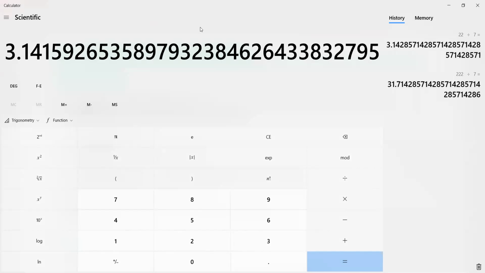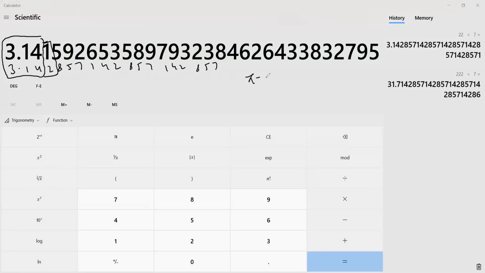When I was writing this for 22 over 7, that was 3.142857142857142857. So you see, because of these first three significant figures, we say that pi is approximately equal to 22 over 7.